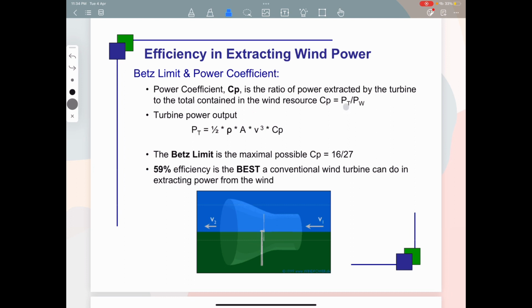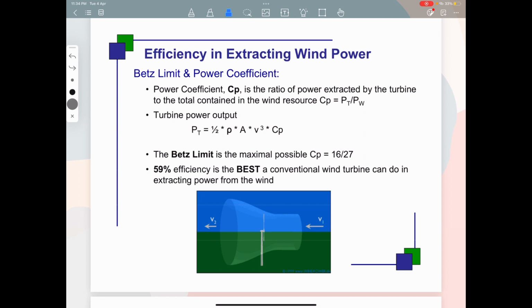Of course, Pt is the power of the turbine, and Pw is the power of the wind. And turbine power output is half times density times area times velocity cubed times Cp.